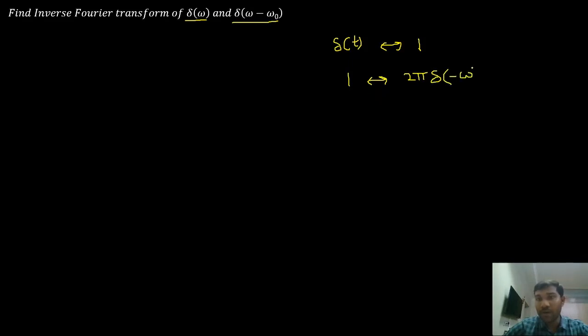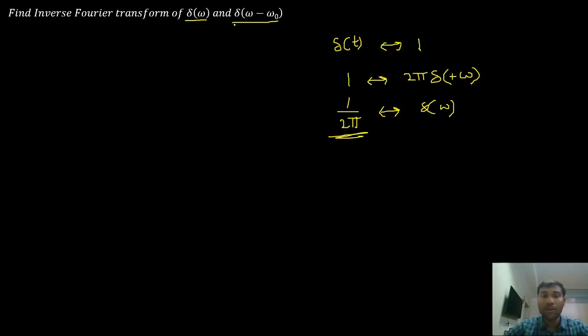Del of omega is an even function, so I can make it plus. If I get the 2 pi to the other side, I'll have 1 by 2 pi with the Fourier transform del of omega. So my inverse Fourier transform for del of omega is nothing but 1 by 2 pi, right?